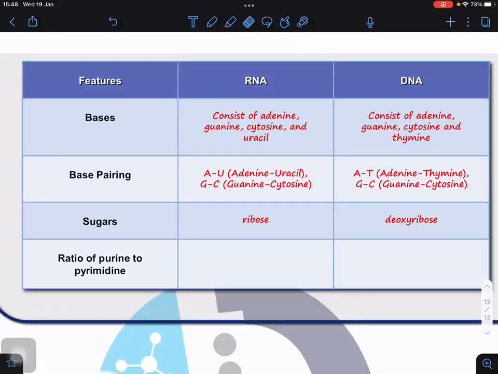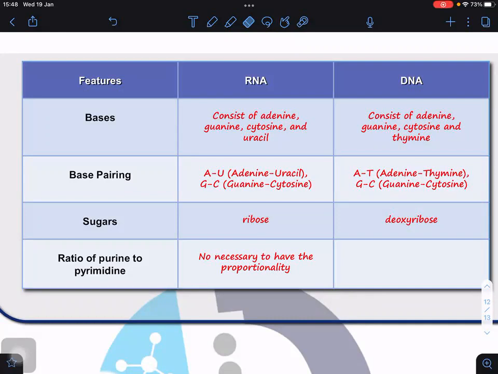In the ratio of purine to pyrimidine, RNA does not necessarily have the proportionality, because A has no need to pair with U, C no need to pair with G. Are you clear? They are not compulsory. No obligation for them to pair up. Only a small segment pairs up.